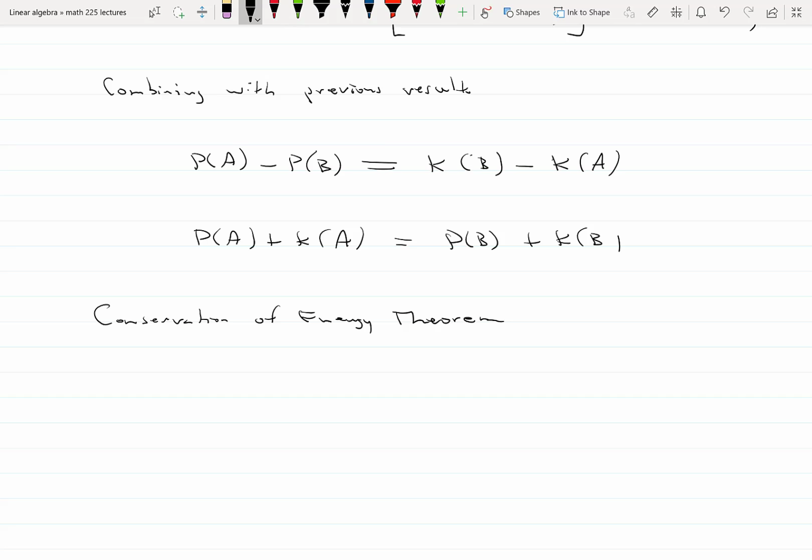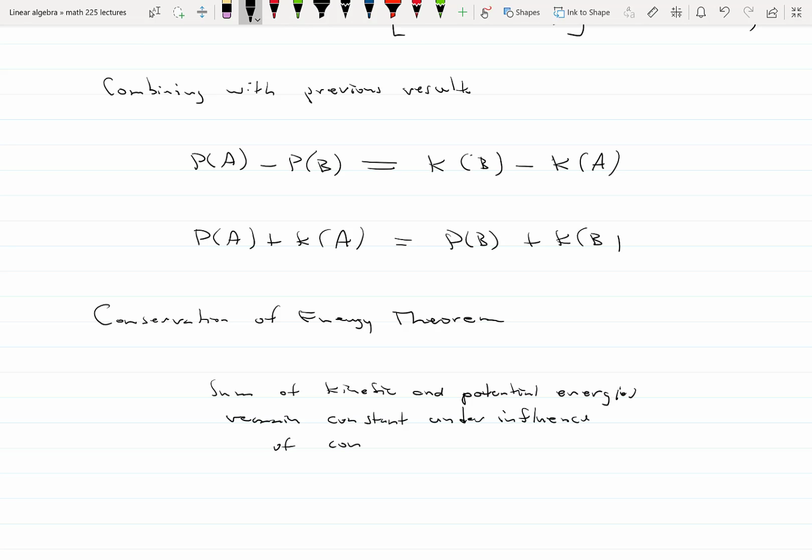It says that the sum of kinetic and potential energies remains constant under the influence of what kind of force?